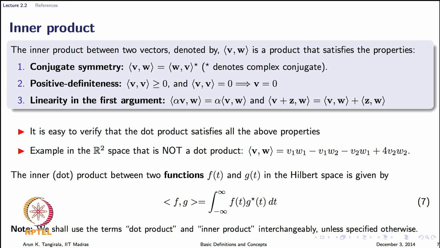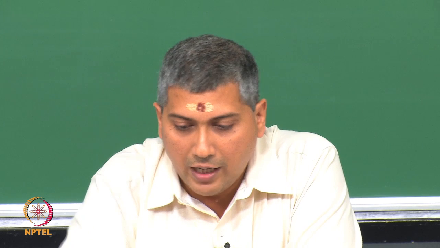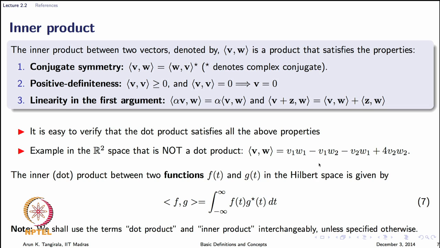So although I say linearity in the first argument, it has to actually be linear in both arguments, but if you bring in the conjugate symmetry into the picture, you can show that it will also be linear in the second argument. Now it's easy to verify that the dot product satisfies all the above properties and therefore is one of the possible inner products. You can actually define an inner product that is not a dot product, and I've given an example here. I leave it to you to verify that this indeed satisfies all the three properties here.